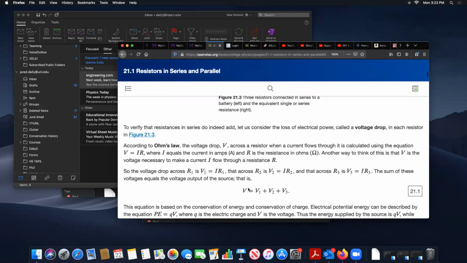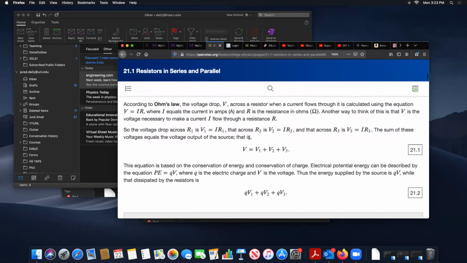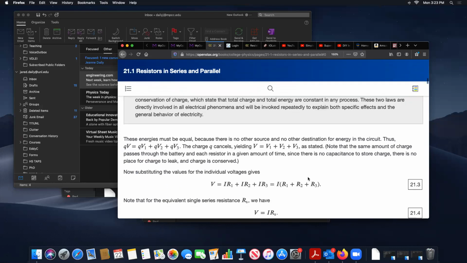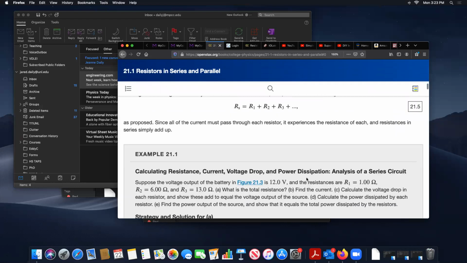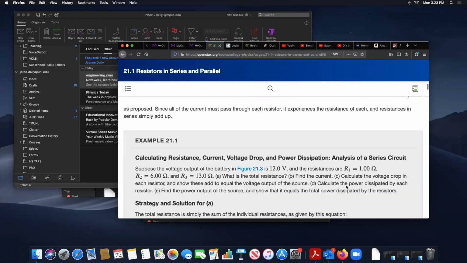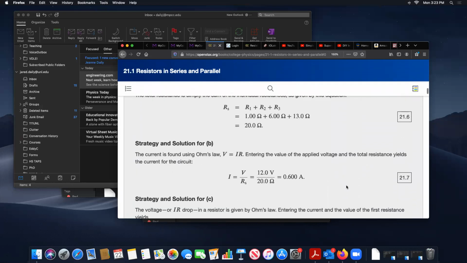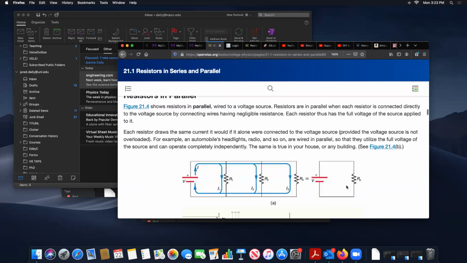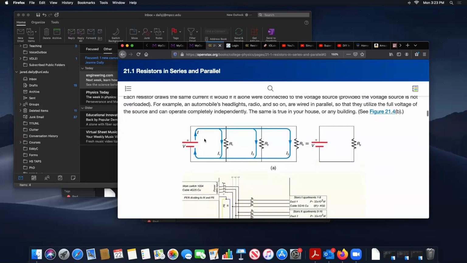Resistors in series, add them 1, 2, 3. And they give all the reasons behind that, which have to do with Ohm's law, but it's really quite simple. So resistances add just like normal math in series. When they're in parallel, however, they do just like the capacitors did in series, because when resistors are in parallel, what happens is the current splits up, and some of the current goes through the first resistor, some goes through the second, some goes through the third, and so on.